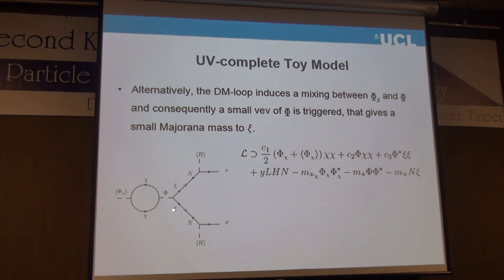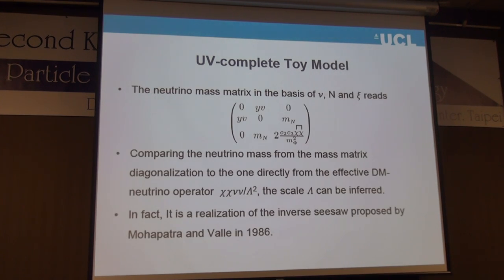Sorry, Majorana mass, which breaks the lepton number. Okay? So if you were to write down the complete mass matrix in the basis of neutrino and the heavy Dirac neutrinos, right? Dirac neutrino means two pairs of Majorana species. It's N and C. So this one is induced by the dark photon loop.